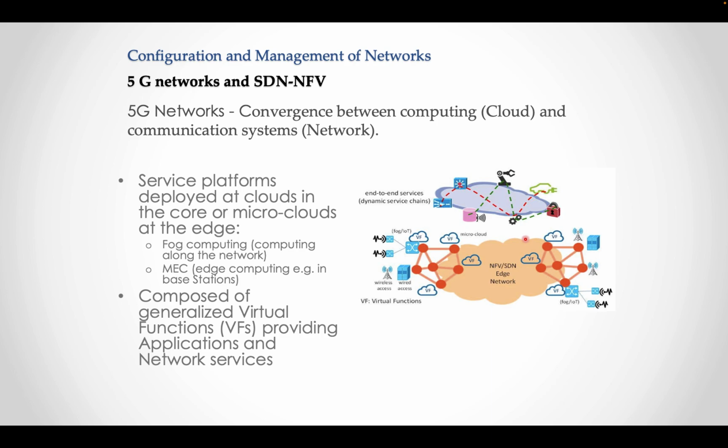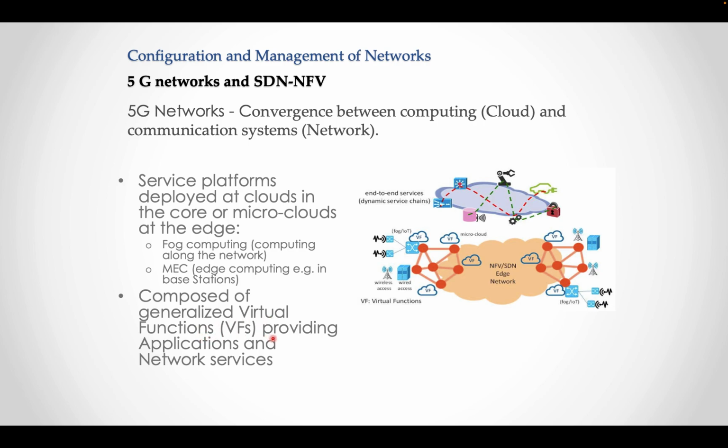So the 5G network has to be flexible, dynamic, it has to deploy services very quickly, and it has to respond to several types of services with several types of requirements. And all this has to be done automatically or programmatically.